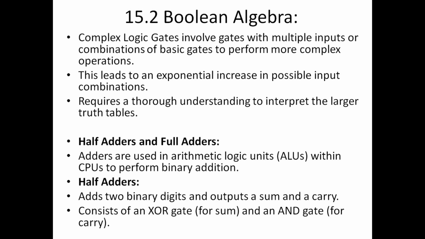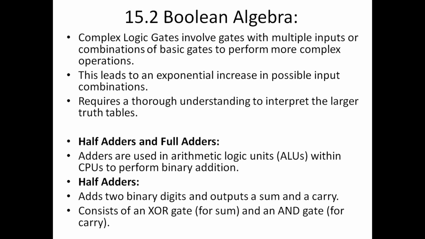But there are complex logic gates in real life that can take 3, 4, 5, 10 inputs easily. This leads to an exponential increase in possible input combinations, and they require a thorough understanding to interpret the larger truth tables. Among those complex logic circuits, we have two things: half adders and full adder circuits.